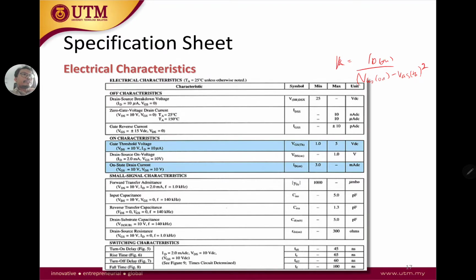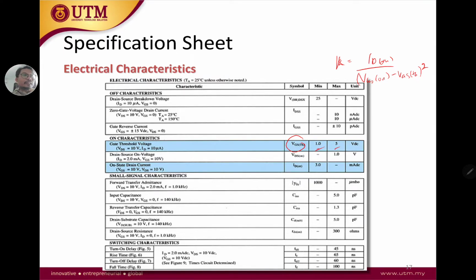So where can we find ID on? Where can we find VGS on and VGSTH? We can actually find them from here. The VGSTH is given there, which is 1 volt minimum, maximum 5. So normally we're going to use the minimum value here.